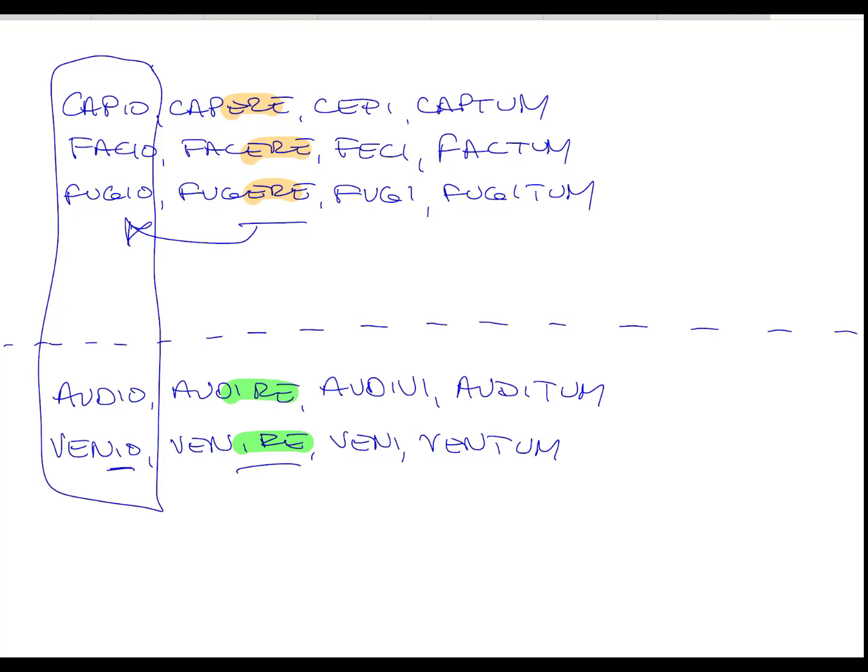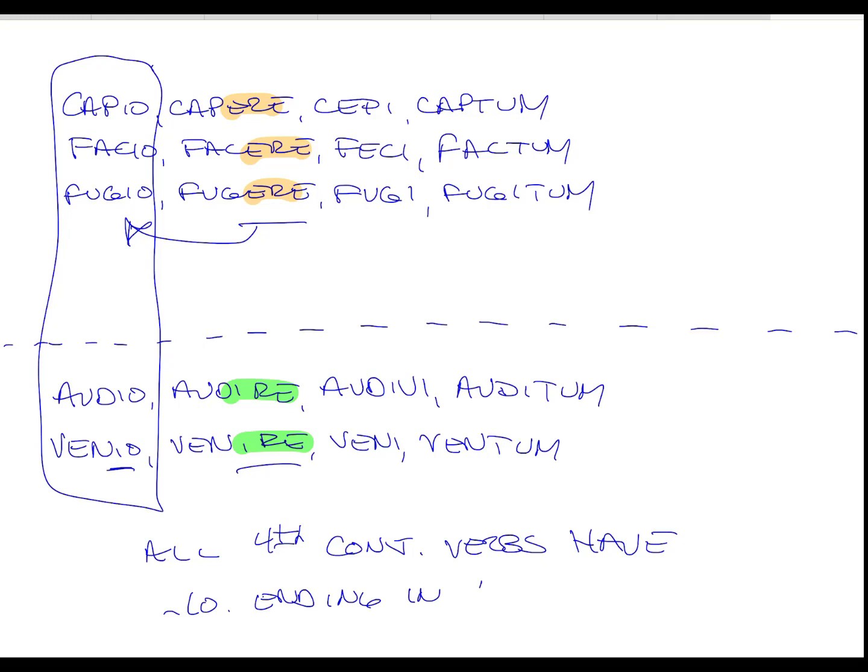Let me be clear. All fourth conjugation verbs have the IO ending in the first principal part. So we don't have to worry about that. That's just how it goes.